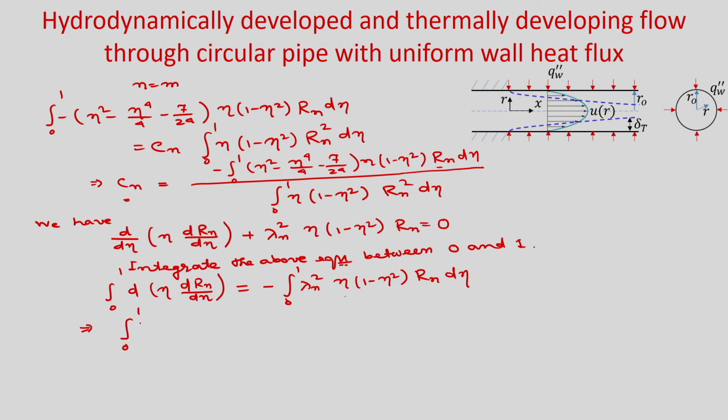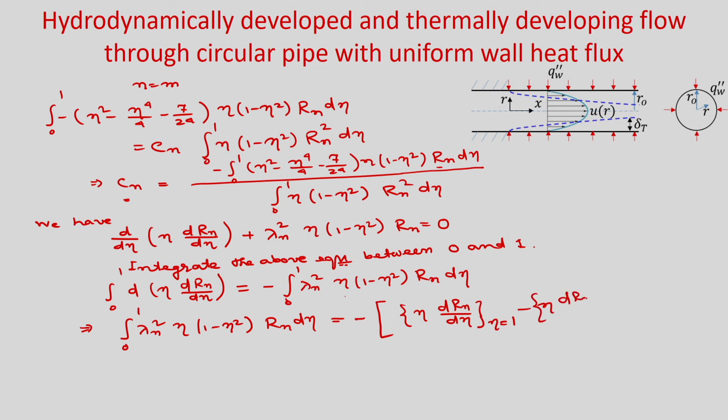It will be integral 0 to 1 of lambda_n squared eta (1 minus eta squared) R_n d eta is equal to, if you do the integration, eta dR_n by d eta at eta equal to 1 minus eta dR_n by d eta at eta equal to 0.